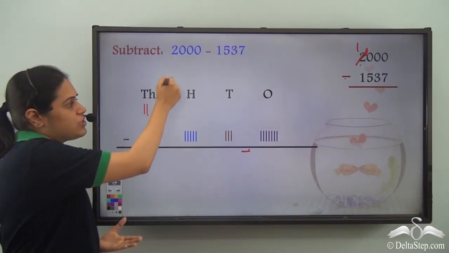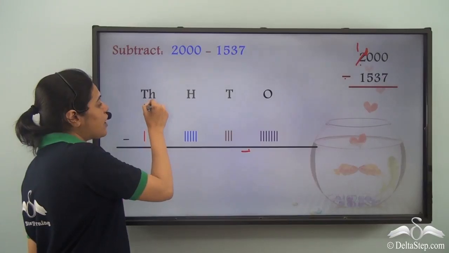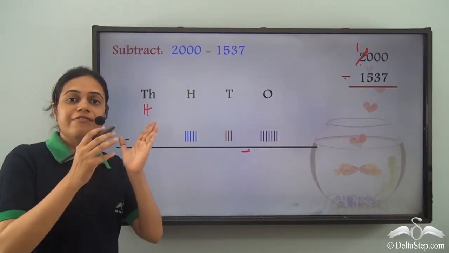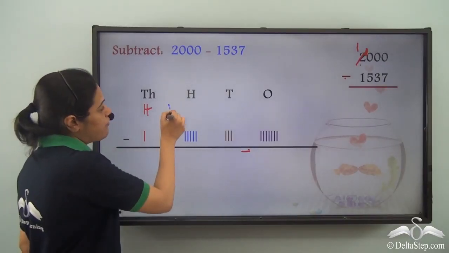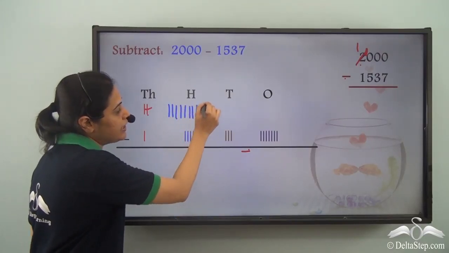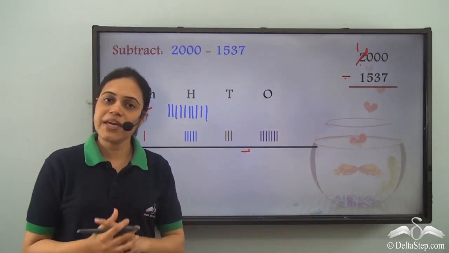So 1 thousand is equal to 10 hundreds. When I bring this 1000 to the hundreds place, it will break down into 10 hundreds: 1, 2, 3, 4, 5, 6, 7, 8, 9, 10.